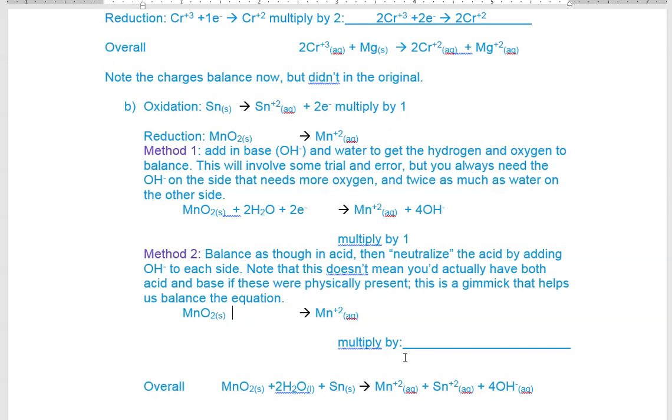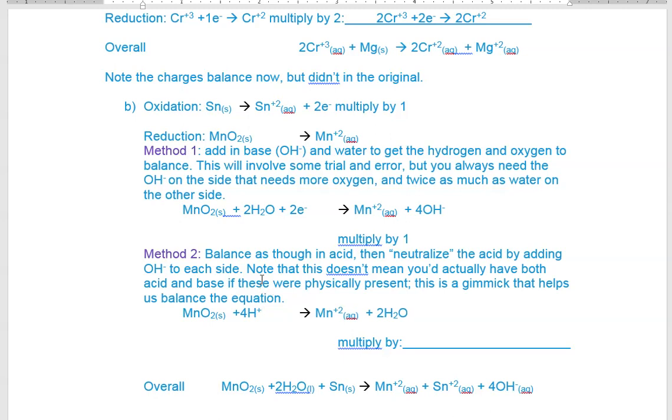So with this one, our MnO2, if we're doing this with an acid, we would be adding water to this side. And we would add 2 waters to make the oxygen balance out. Then we would add 4 hydrogens to make our hydrogen balance out.